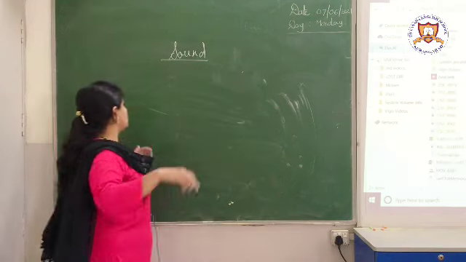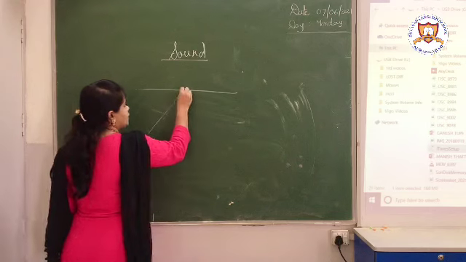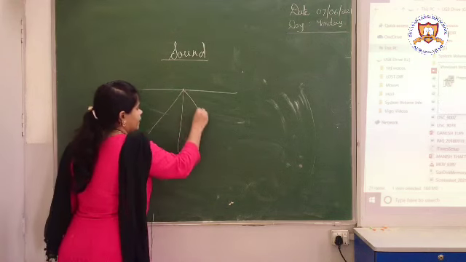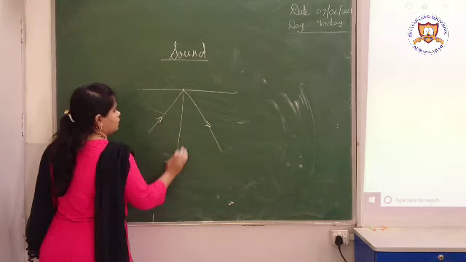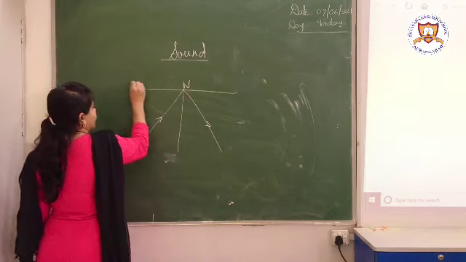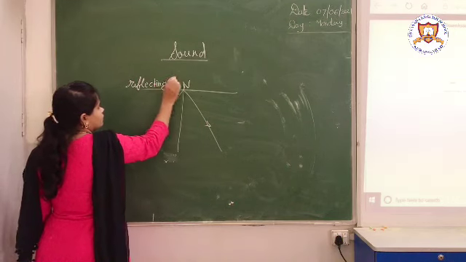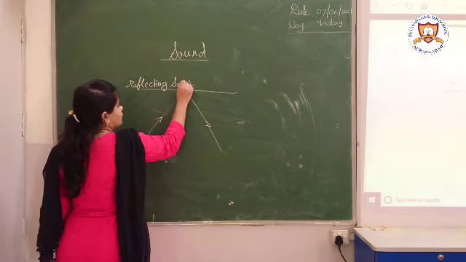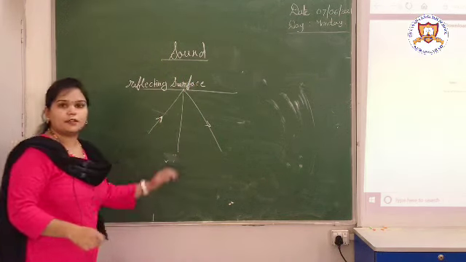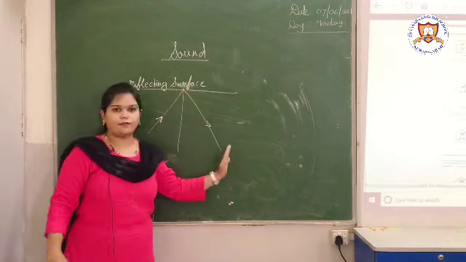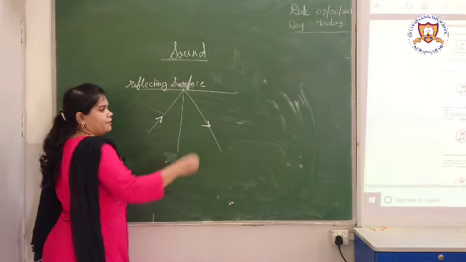Suppose a sound is incident here, this is the normal, and it gets reflected. Here is the normal, and this is the reflecting surface. As the sound gets incident, there are the incident wave and the reflected wave.